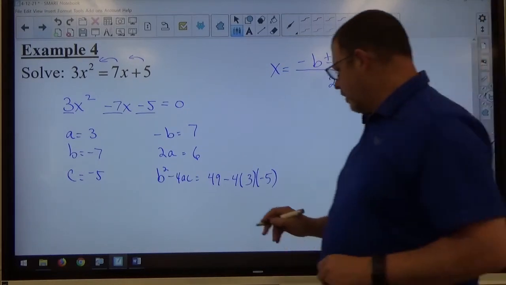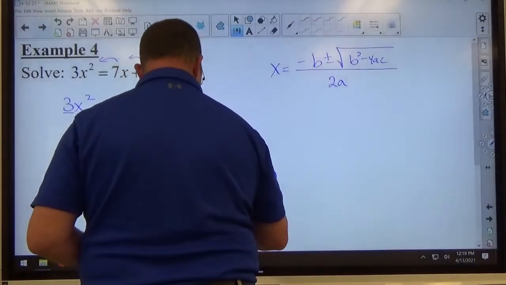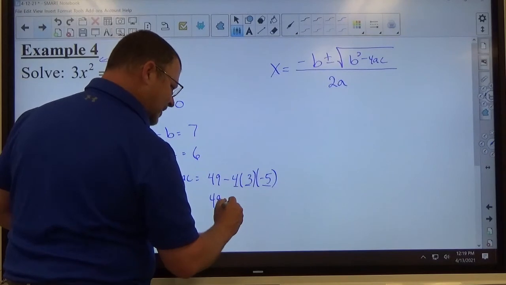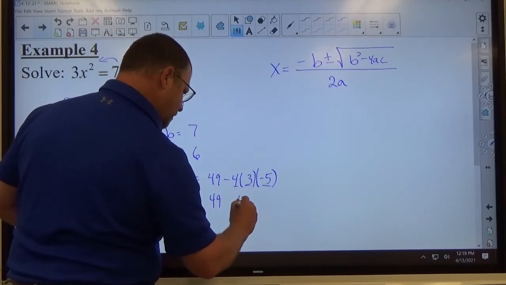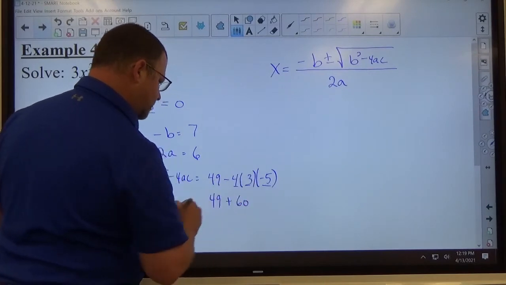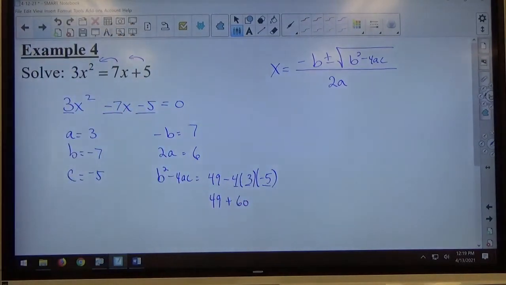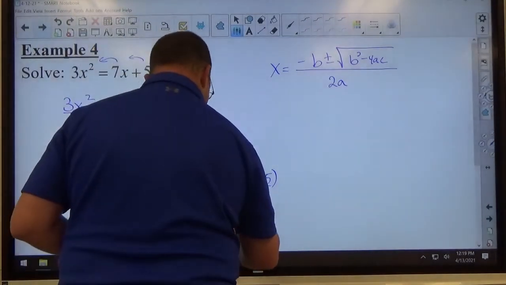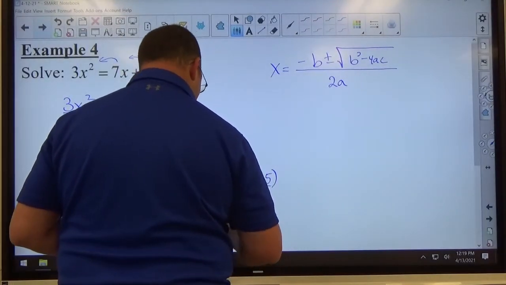We look at the product alone. 49 is still 49. We're multiplying 4 times 3 times 5, which is going to be 60. Minus minus makes plus. Make sure my addition's right. 49 plus 60 is 109, thank you.